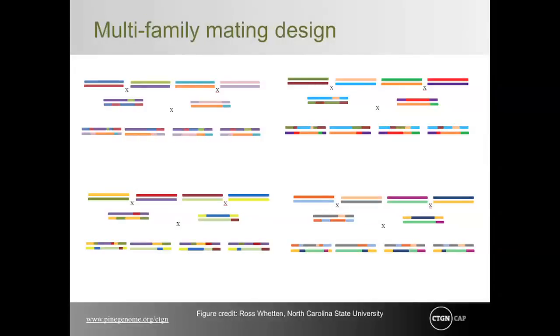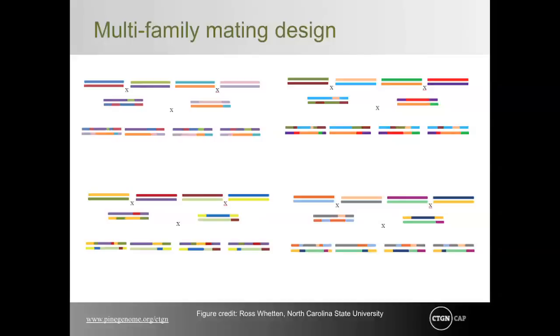This example shows 16 parents crossed in 4 pairs to give 8 first-generation offspring, which are then crossed to yield a total of 16 second-generation offspring. Each homologue of the single chromosome shown for each parent is a different color, representing a different haplotype, with a total of 32 different haplotypes depicted in this image.